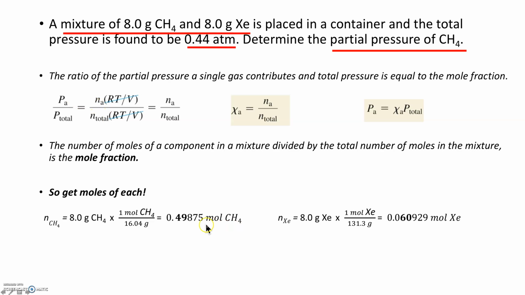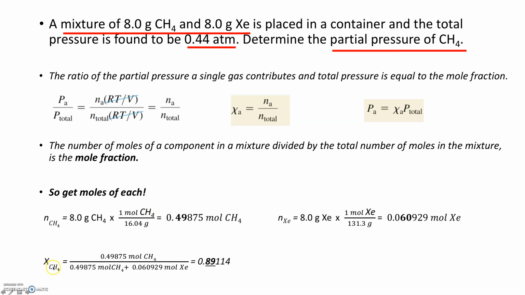So because we have more moles of methane, if you think pressure is force per unit area, and like in my video discussing pressure, really the force, you can think of it as collisions on the side of a container. Well, if there's more moles, there's more collisions on the side of the container. And if there's more collisions, there's more force per unit area and a greater pressure.